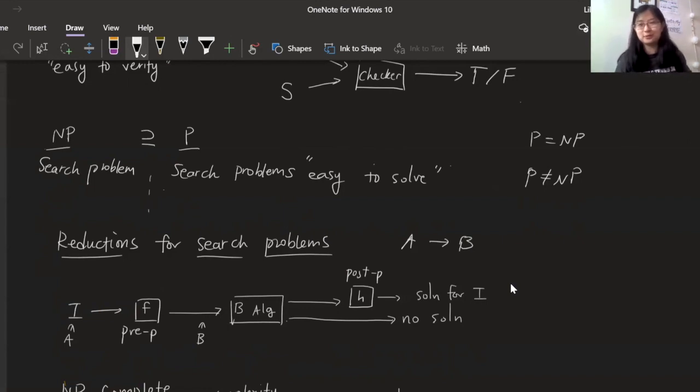If you're unfamiliar with reductions, you should definitely go back to see what it is.